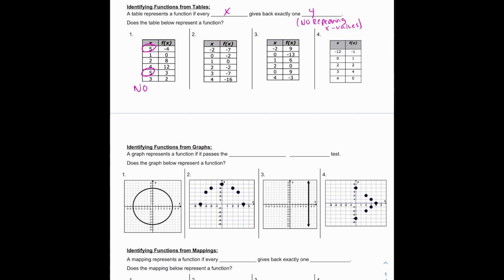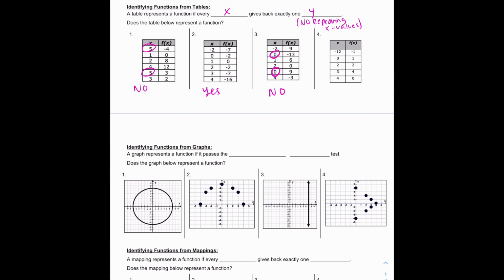No, so yes, this is a function. Looking at number 3, does every input give exactly one output? So does every x value have exactly one y value, or are there any repeating x values? Yes, there are, because we can see that 0 is given as an x value twice. So no, this is not a function.